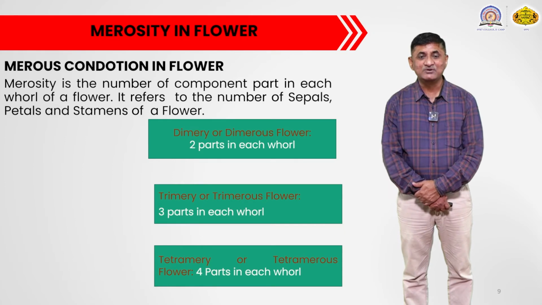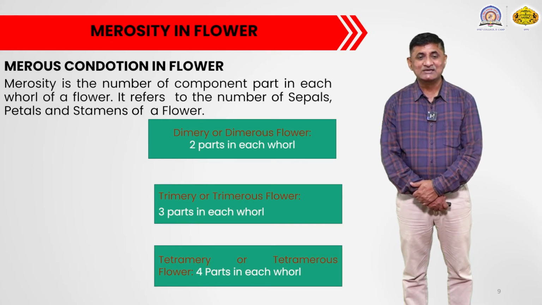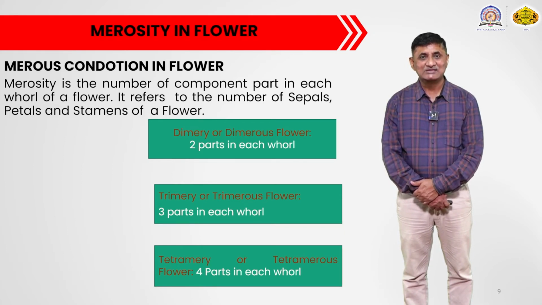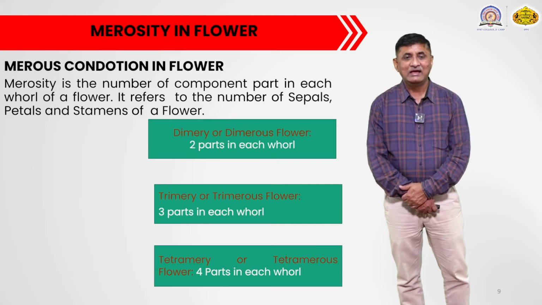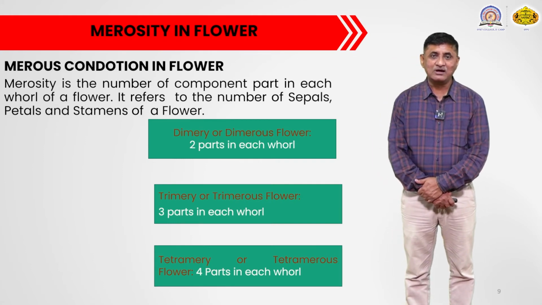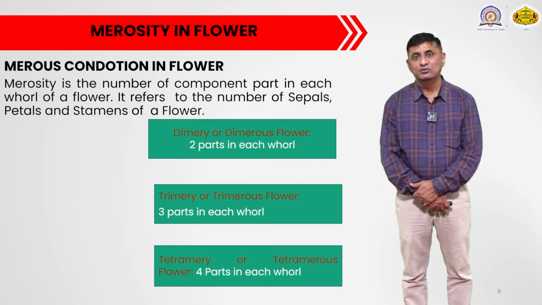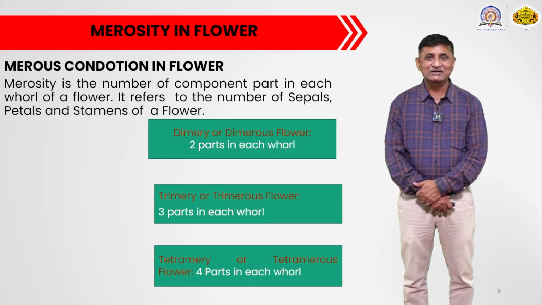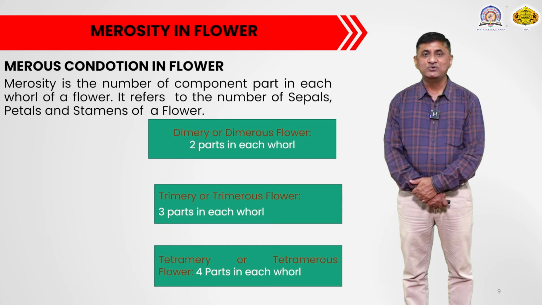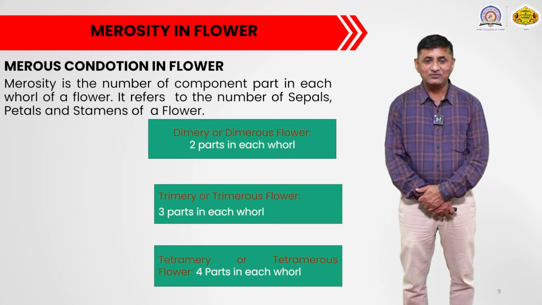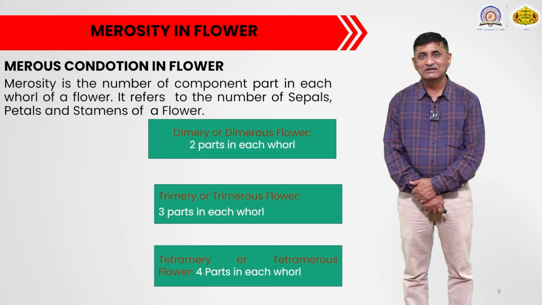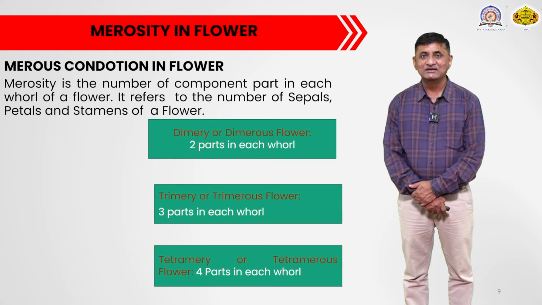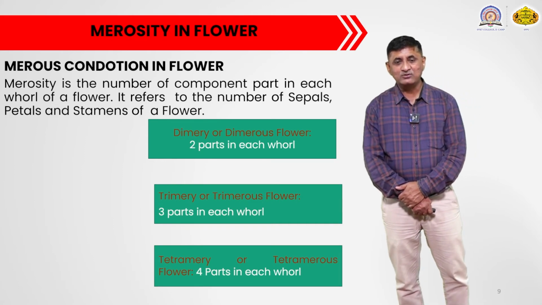Merosity generally refers to the sepals, petals and stamens of a flower, and on the basis of these three floral whorls the merosity of the flower is decided. On the basis of merosity, flowers are categorized into 5 types.